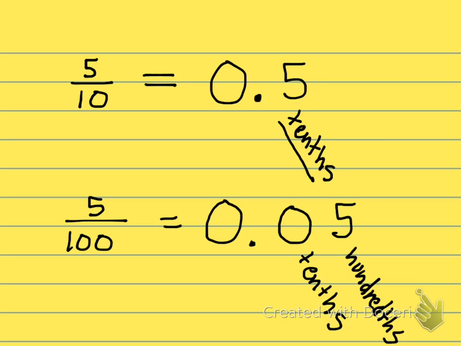Then we have 5/100ths, which the 5 would belong in a different place value position. You would put a 0 in the tenths, which is immediately to the right of the decimal point, and you would place the 5 in the hundredths spot.